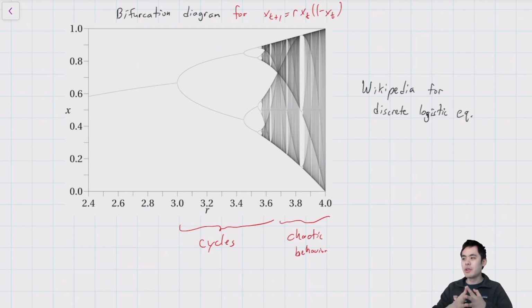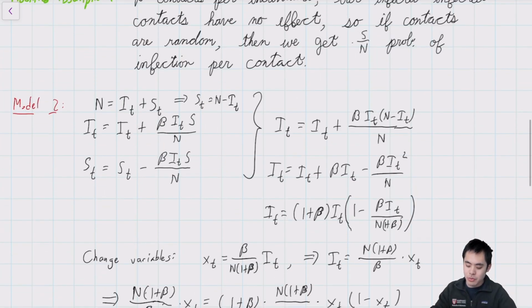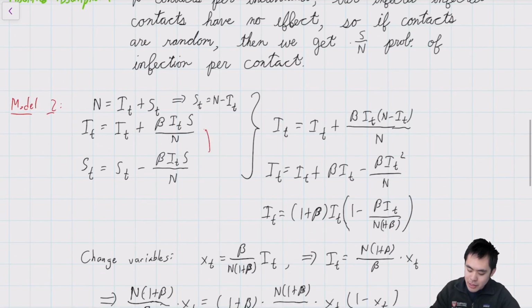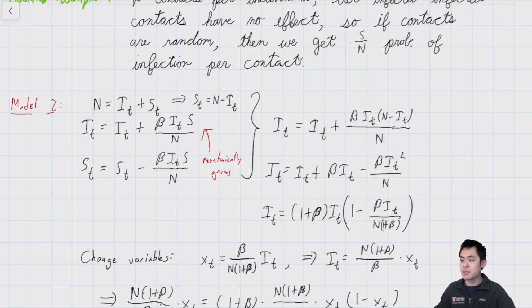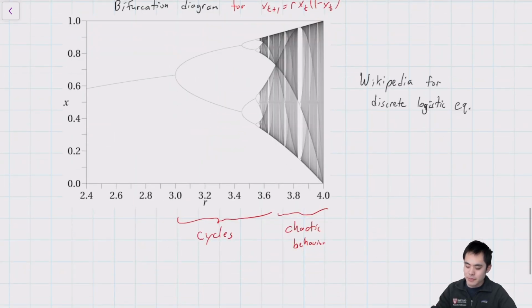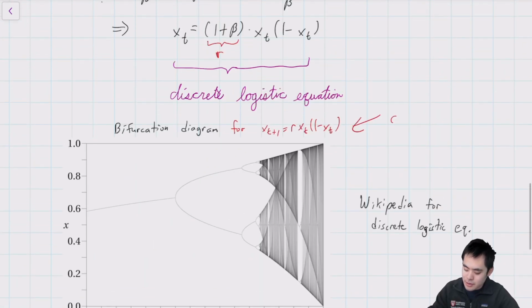So we started off with some model where you have monotonic behavior. So this monotonically grows, but then all of a sudden we know that this thing doesn't. This thing is chaotic.